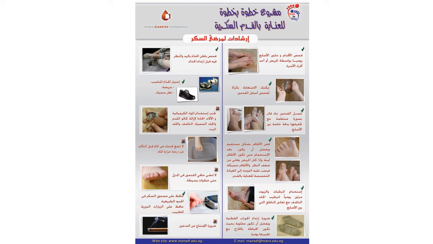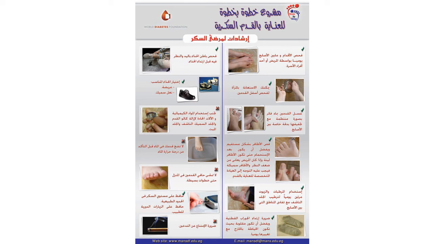Always wear cotton socks, and they should be seamless from the inside. Make sure that they don't have any stitching inside. Choose the proper shoes, and never use chemicals or sharp objects to remove calluses from the skin, and never put the feet in water before making sure of the temperature.